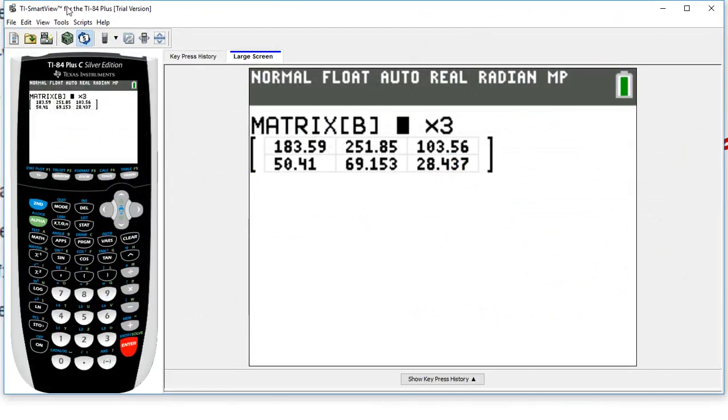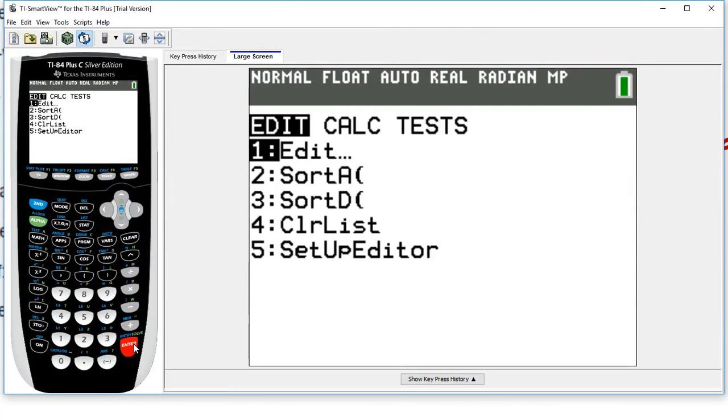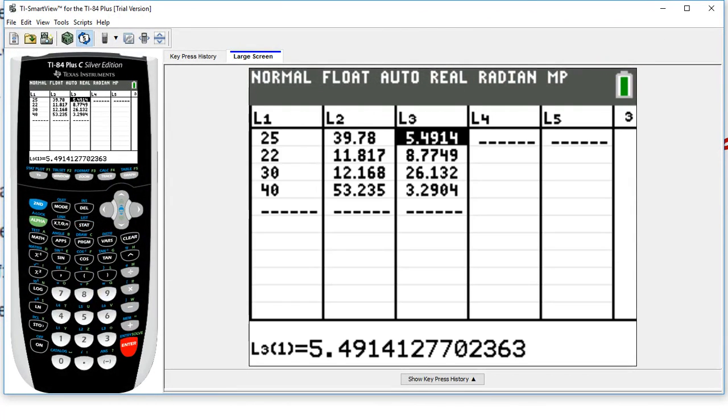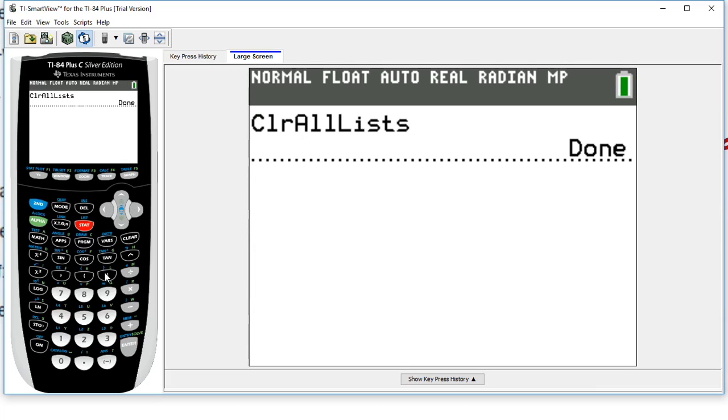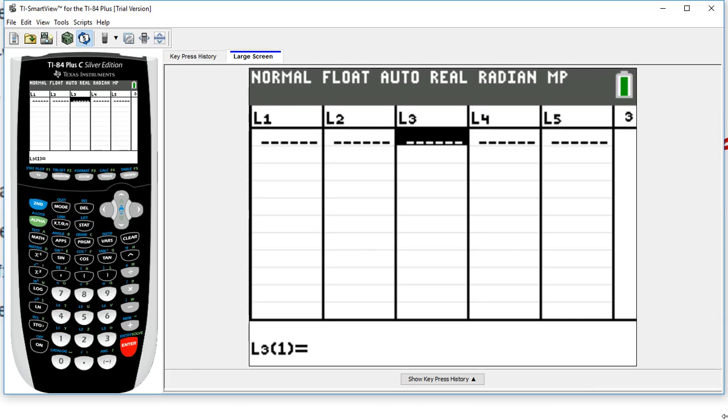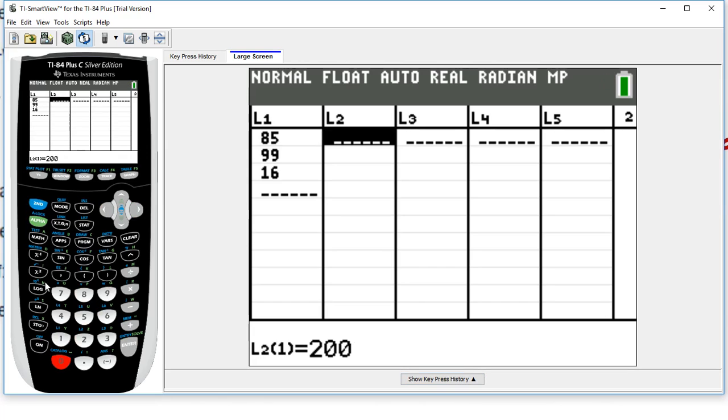So actually, I'll show you another faster way to do it. We go to stat, enter. Let's clear all the lists. Second plus 4, enter. And this one, we just have 85, 99, and 16. And then here, I just go ahead and do my 200 times 18 out of 38.